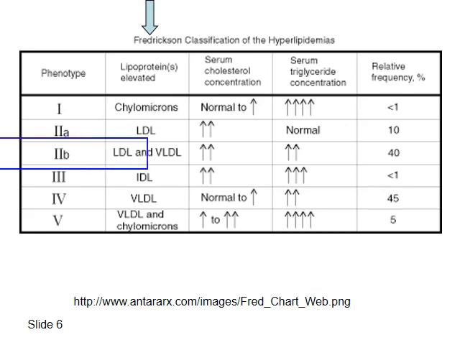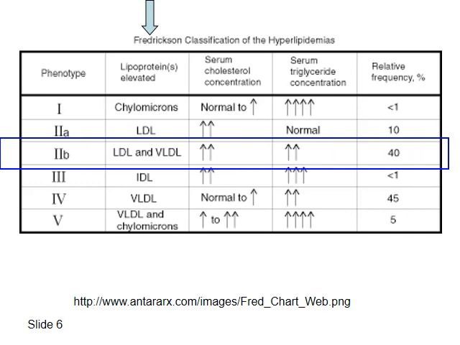So, for example, if we look at the Fredrickson classification for the 2B phenotype, patients will present with elevated LDL and elevated VLDL. The serum cholesterol concentration will be much higher than anticipated. The serum triglyceride concentration may be much higher than anticipated. And if you look at the relative frequency of this particular phenotype, it's about 40% of the cases of hyperlipidemia can be attributed to this particular phenotype.